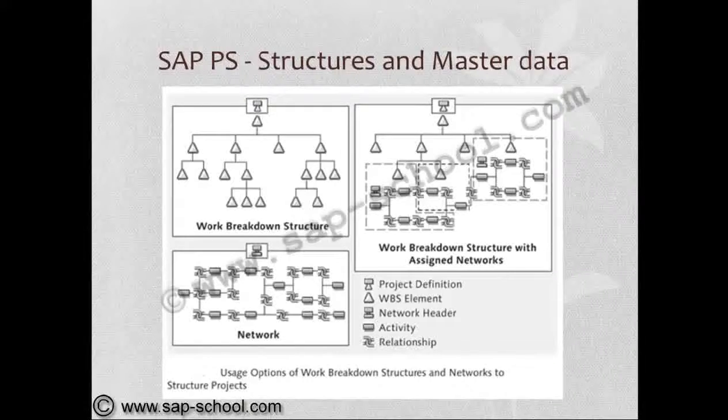This is the work breakdown structure, and the network header is followed by network activities under this project definition, and the activities are with relationships. So the usage option of work breakdown structure and networks is to structure projects, and we can see this under one project.